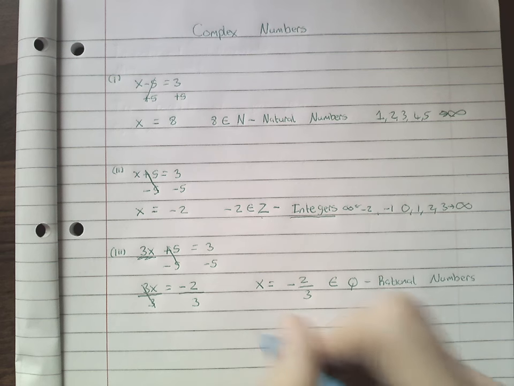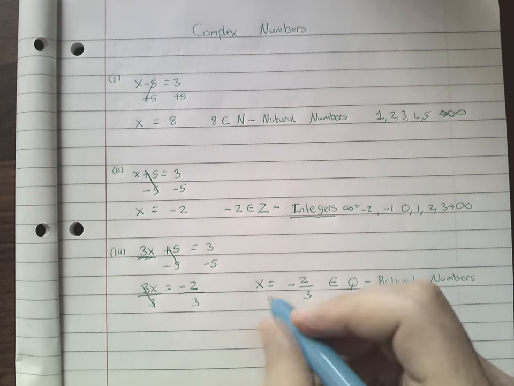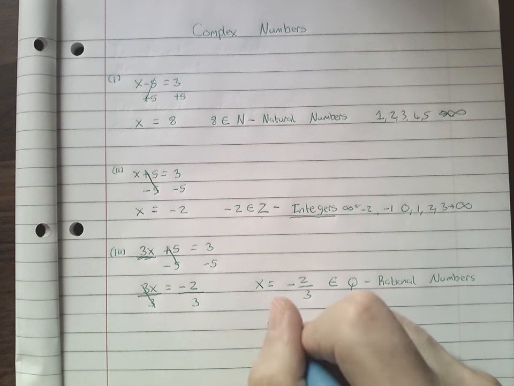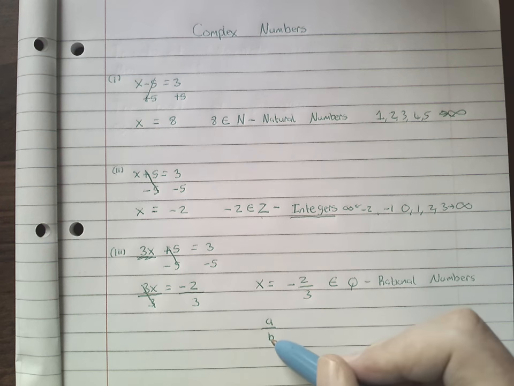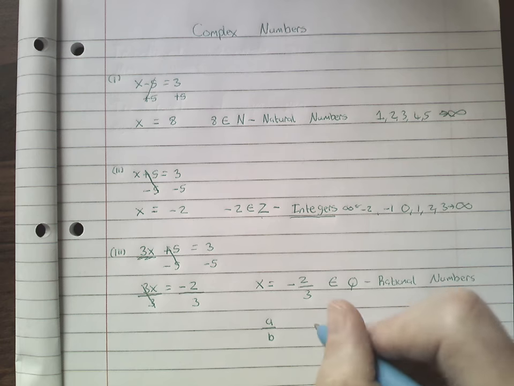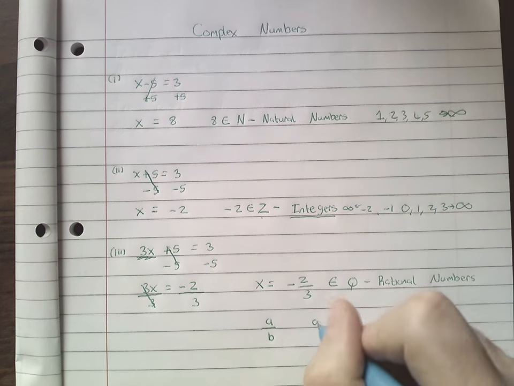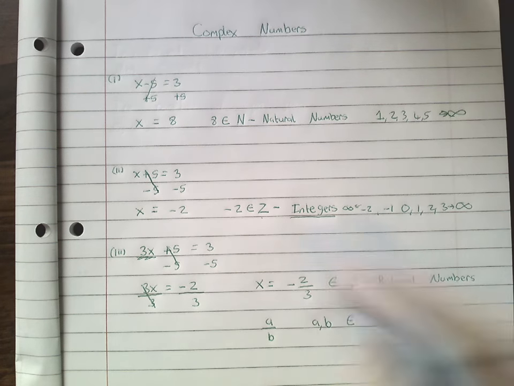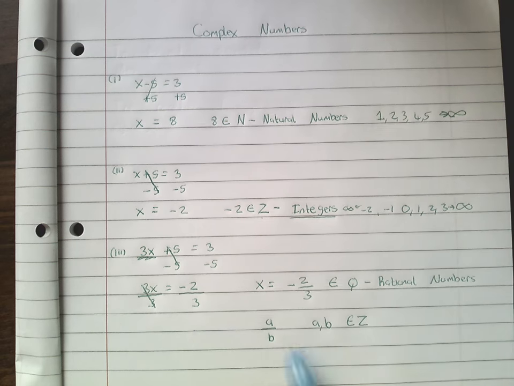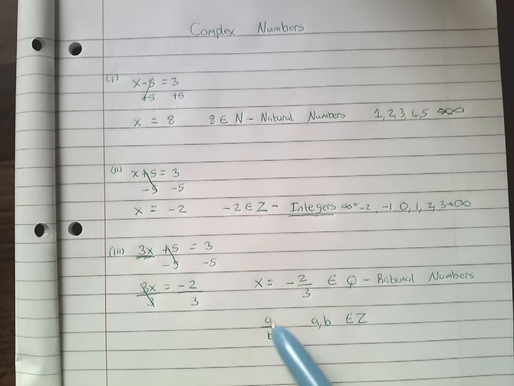So rational numbers take the form a over b. So you have the numerator and the denominator, and a and b are elements of Z. So all that means is that basically rational numbers are fractions. They're numbers that can be written as fractions.